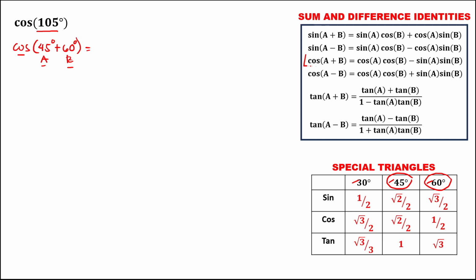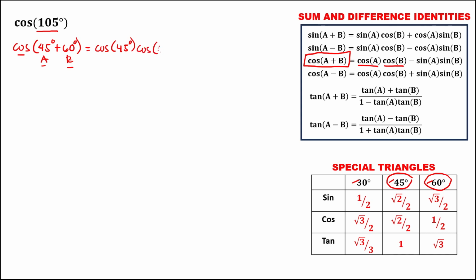So using this identity, cosine A plus B, and this is equal to cosine A. So since A is 45 degrees, so we have cosine 45 degrees, then times cosine B, and B is 60 degrees.